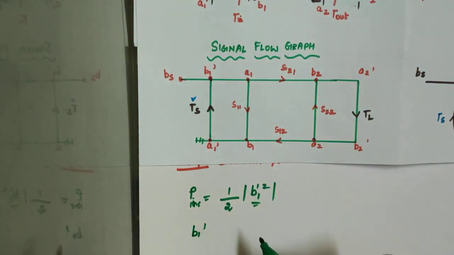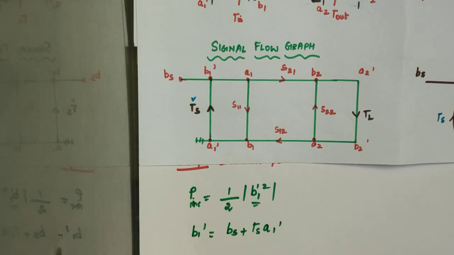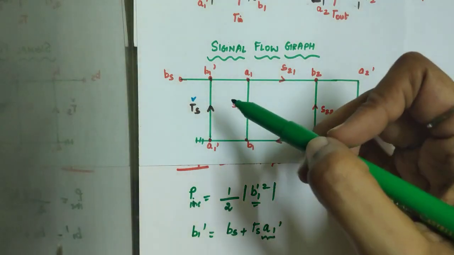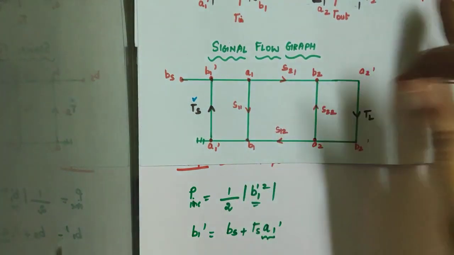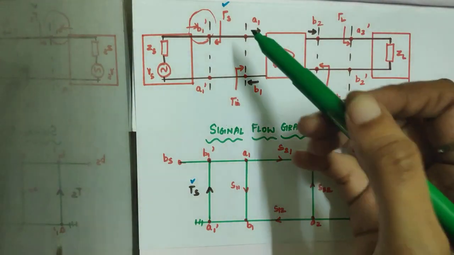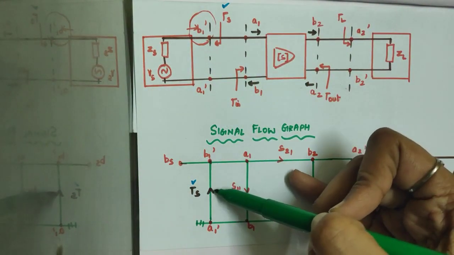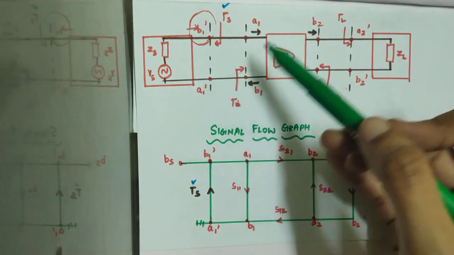So from the signal flow graph, we write B1 dash is equal to Bs plus tau s into A1 dash. But once again, what is this term A1 dash? Referring to the signal flow graph, we will compare it with the general block diagram. Here, we have named the source reflection coefficient in between the A1 dash and B1 dash terminals.